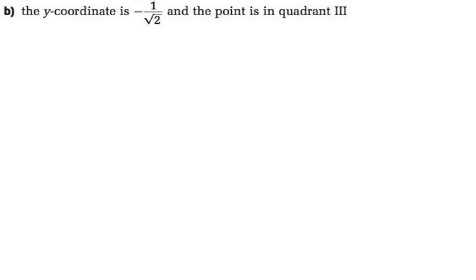Question B, we know what the y-coordinate is. We also have an added condition that the point's in quadrant 3. We'll deal with that in a moment. So we started off with the unit circle equation. We know what the y-coordinate is.